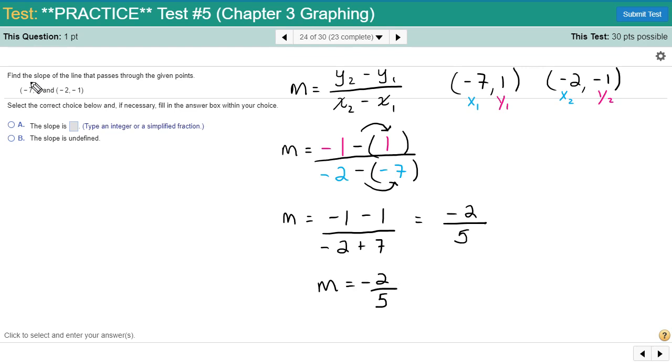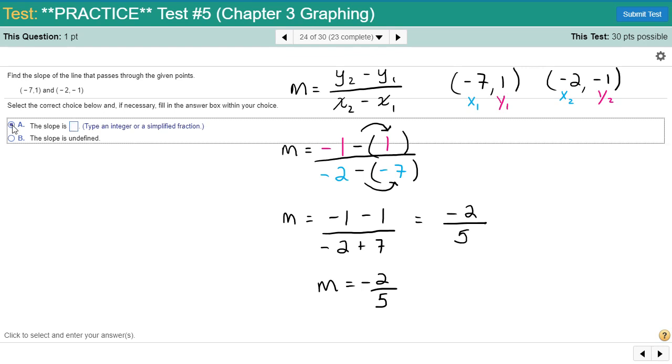So because we actually ended up with a real number here, we can go ahead and select choice A. The slope is, and notice what the directions here off to the side say. It says type an integer, which means a whole number, so like 3 or -5 or something like that, or a simplified fraction.